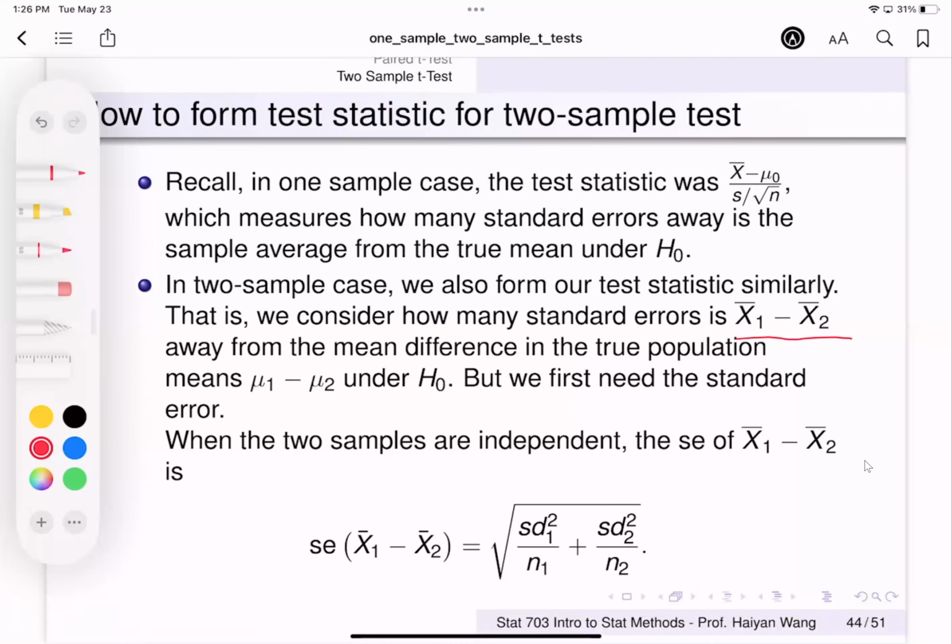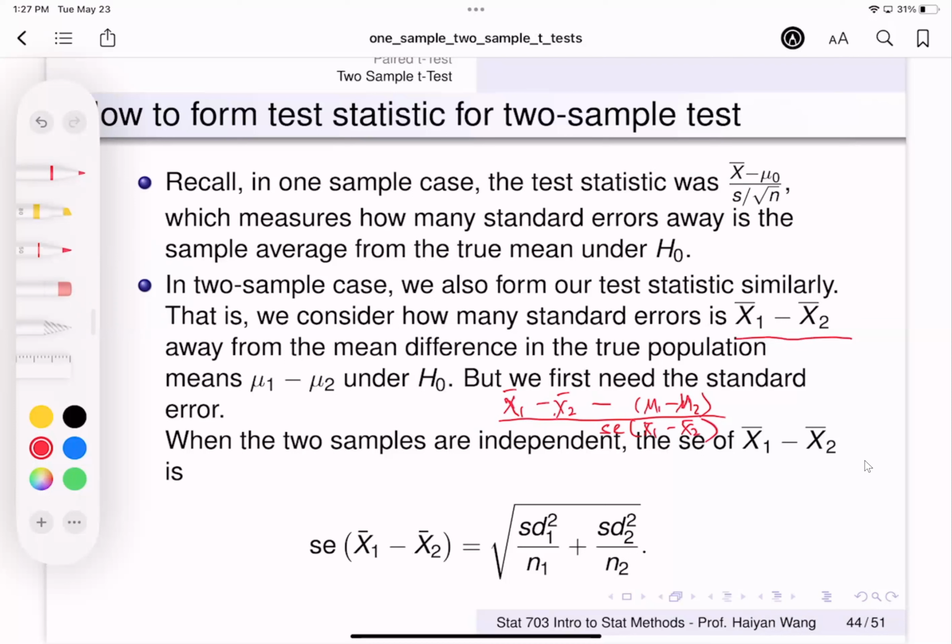And when we try to compose the test statistic, we'll combine this estimate. So the estimator is x1 bar minus x2 bar, and we also have the actual parameter, mu1 minus mu2. We'll combine them together: the estimator minus the parameter, and then we need to divide by the standard error of x1 bar minus x2 bar, just so that this will be properly standardized.